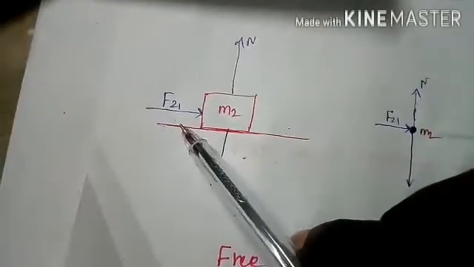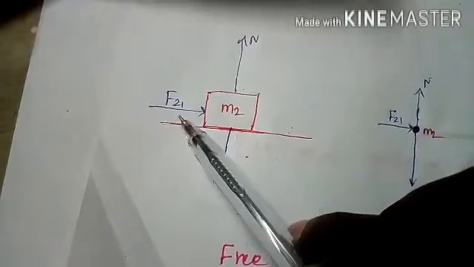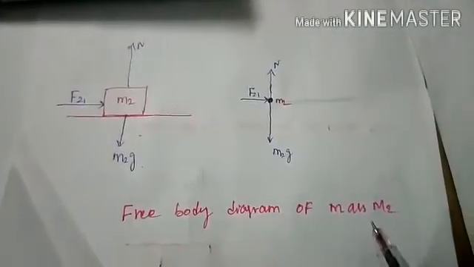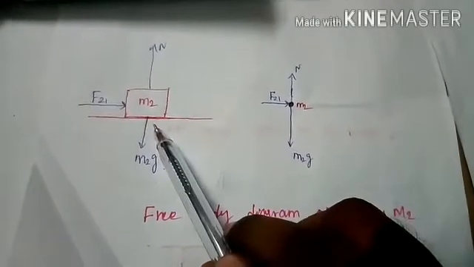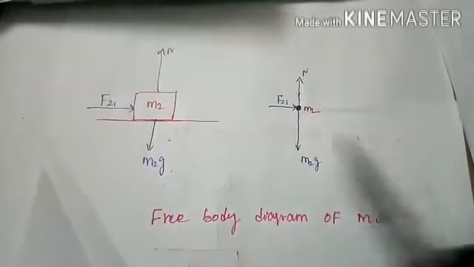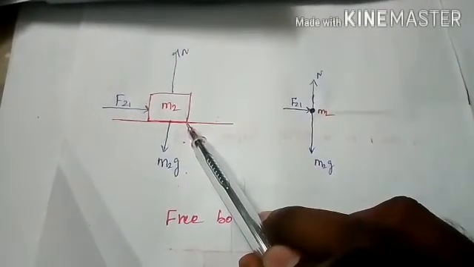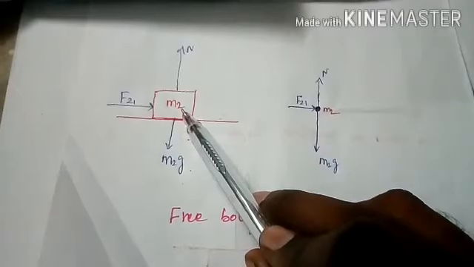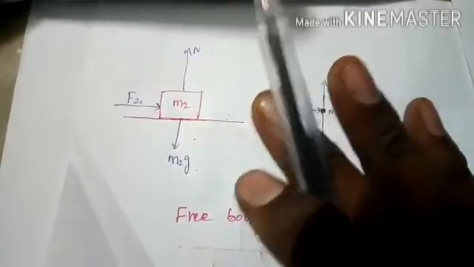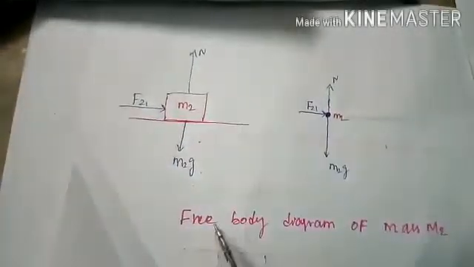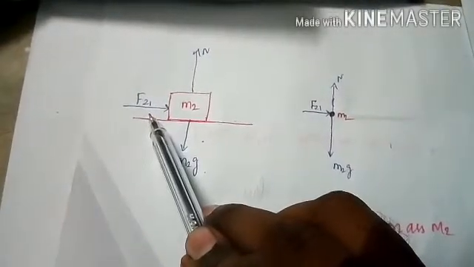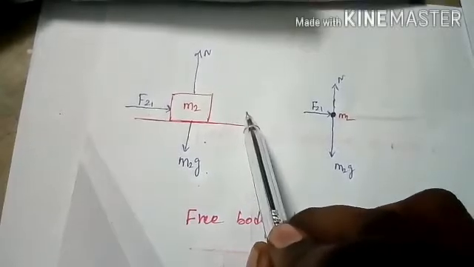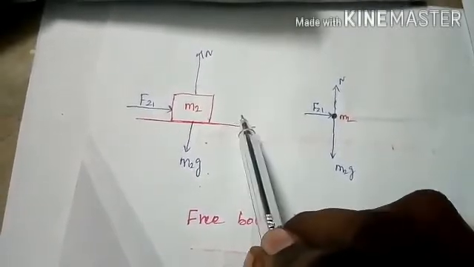Next you will find the force F21 using the free body diagram of mass m2. So this is the free body diagram of mass m2. How many forces are acting on mass m2? Sir, 3. Good. What are they? F21 acts on this side, and on the other side no force is acting on it.